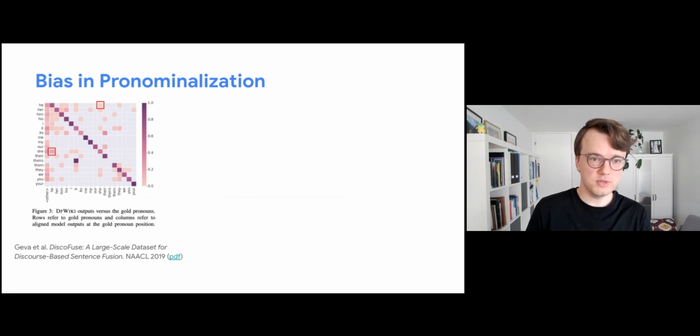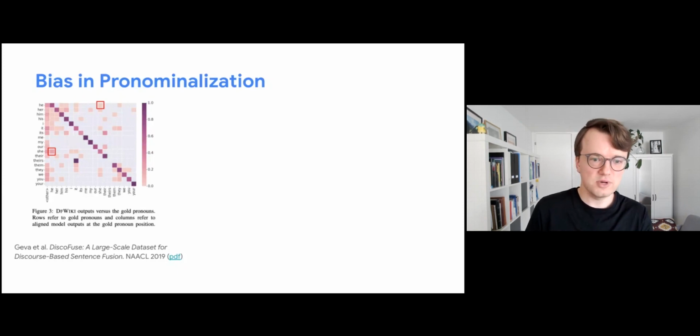If you look at this confusion matrix, you'll see that, for example, when the correct pronoun would be "she," the model is more likely to mix it up with "he" than it is to mix "he" up with "she." So this would be one type of bias visible here.